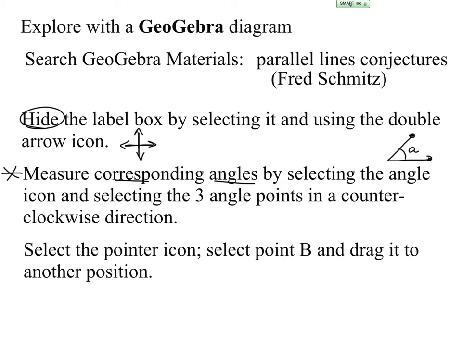The actual degree measure might be a little close. You can pick that arrow, the move arrow way to the left, that icon. If you go back to that, you can grab those measurements and slide them, move them around. So if you need to select it with the pointer and move it, you have to get it to the pointer.